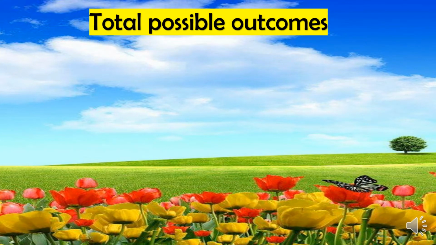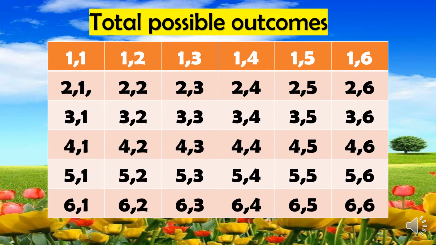So these are the possible outcomes. We have 1,1; 1,2; 1,3; 1,4; 1,5; 1,6; 2,1; 2,2; 2,3; 2,4; 2,5; 2,6; 3,1; 3,2; 3,3; 3,4; 3,5; 3,6; 4,1; 4,2; 4,3; 4,4; 4,5; 4,6; 5,1; 5,2; 5,3; 5,4; 5,5; 5,6; 6,1; 6,2; 6,3; 6,4; 6,5; and 6,6.